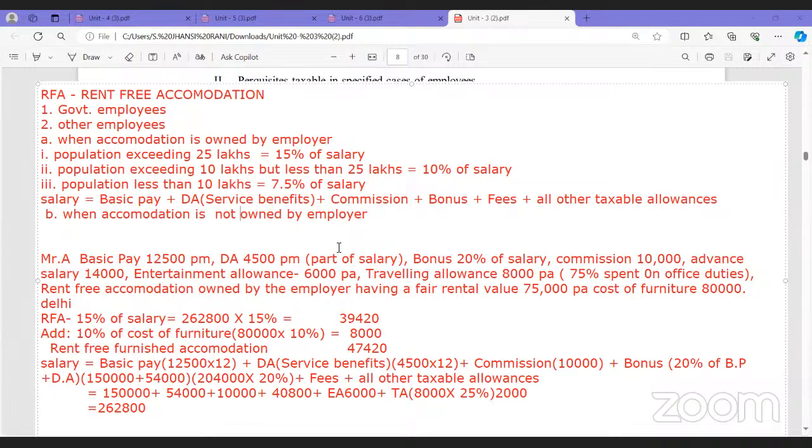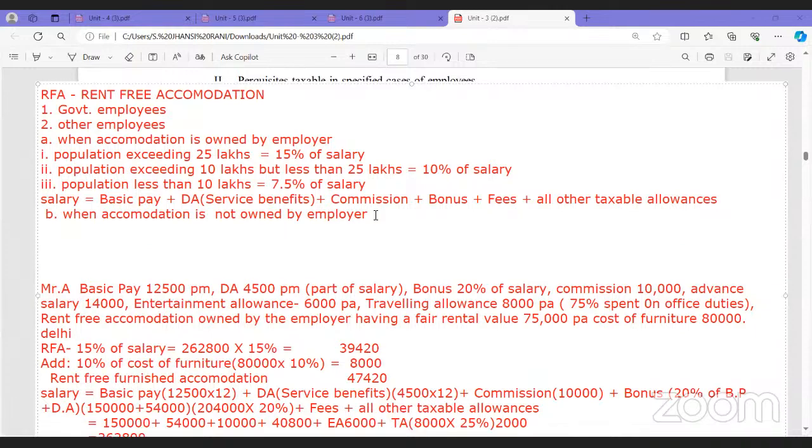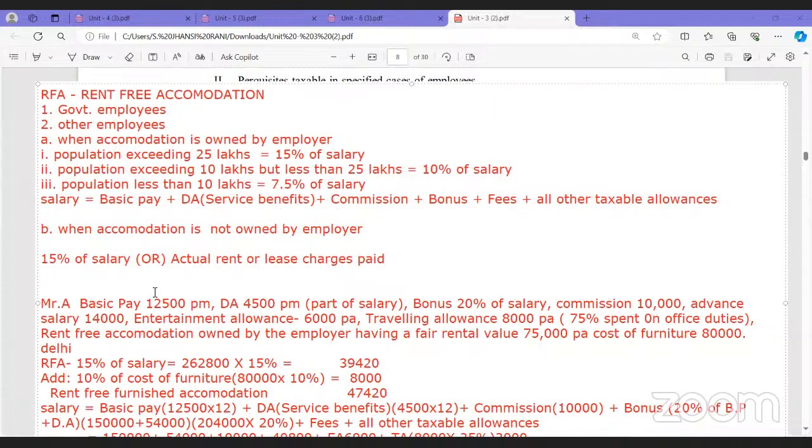In that case, we have a rule that either 15% of salary or actual rent or lease charges paid. Means if the accommodation is taken on lease basis, lease charges. Out of these two, whichever is less, that will be taken as the RFA. Is it clear?